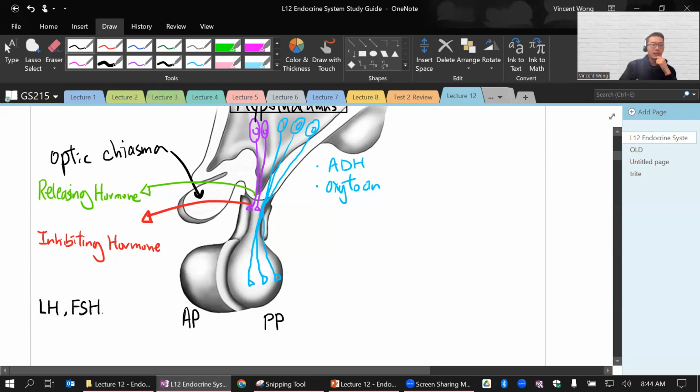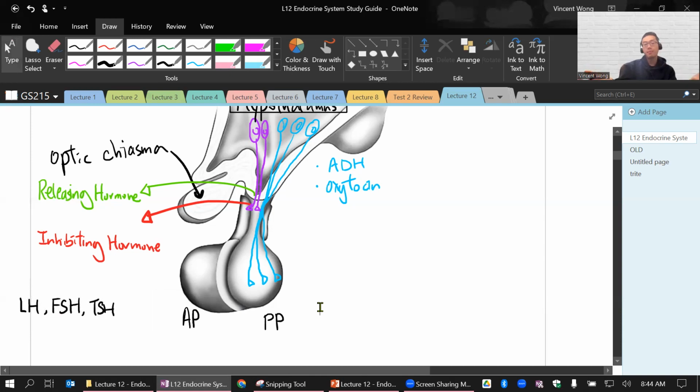Okay, so I'm going to add a few more. It's okay if you don't know what they are just yet. We're going to learn it, but I want to list it here so we have a complete diagram, right? So we have TSH, which is thyroid stimulating hormone.